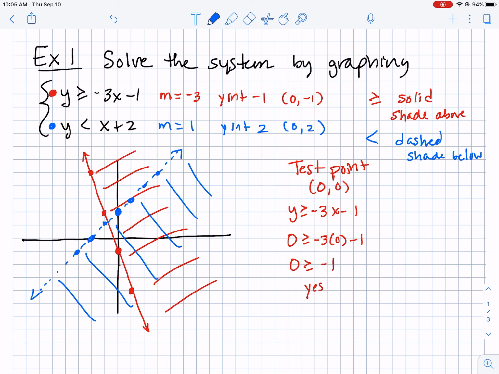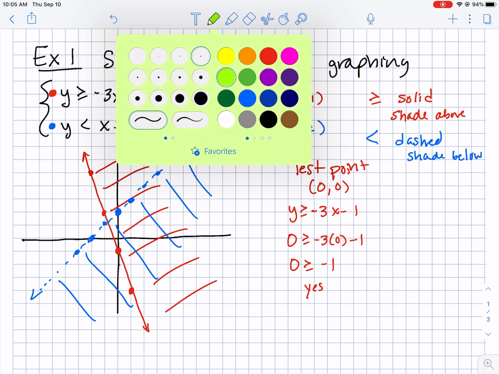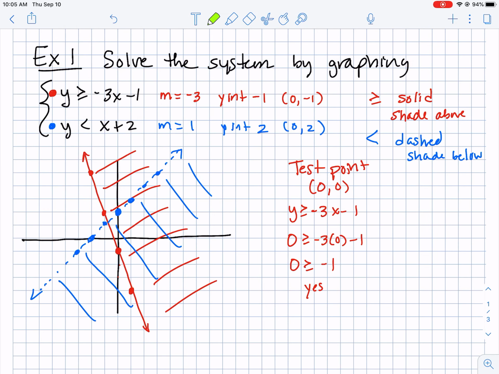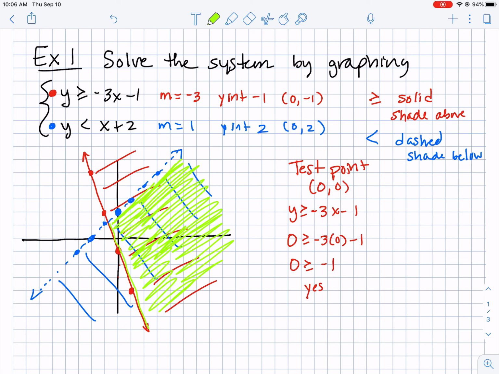All right, I've graphed and shaded each of them individually. Now I need to mark my solution, and I will do that in green. And the solution is the overlap. That is this portion right here. And keep in mind, it also includes this boundary line right here because it is an equal to.